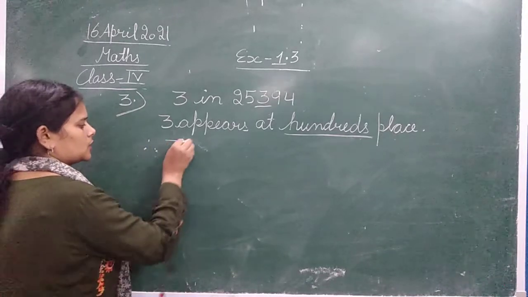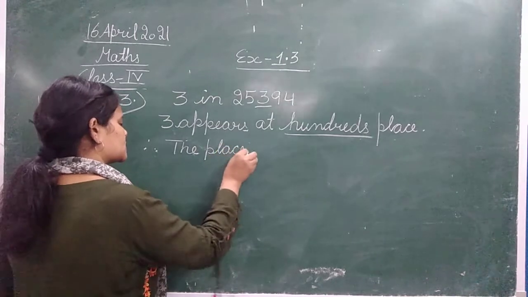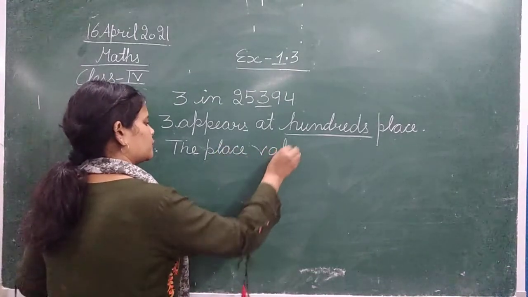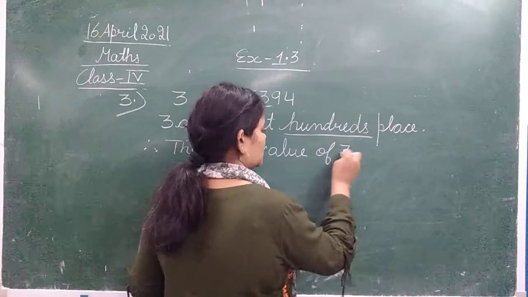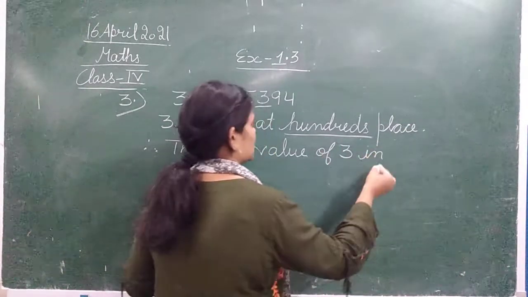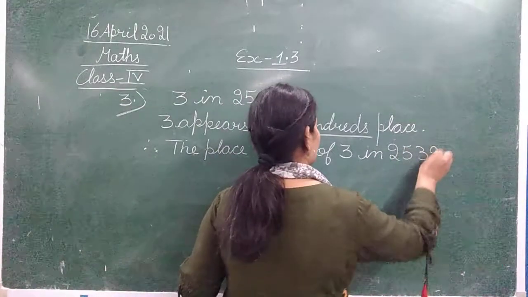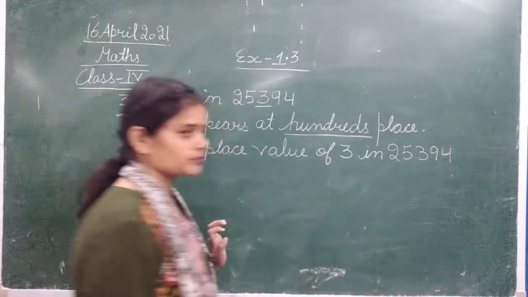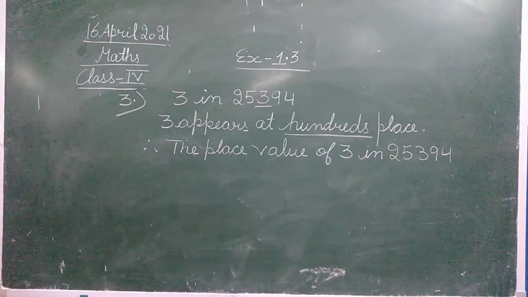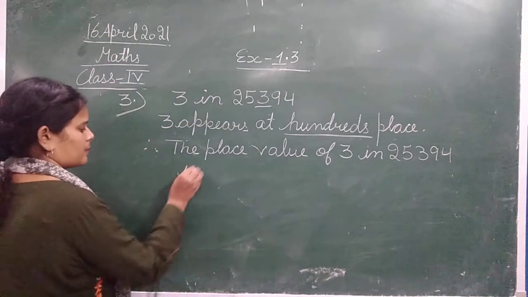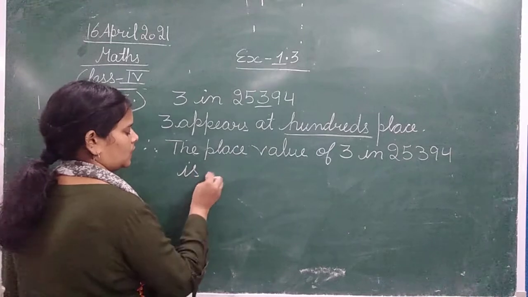Therefore, the place value of 3 in 25,394 is 300.